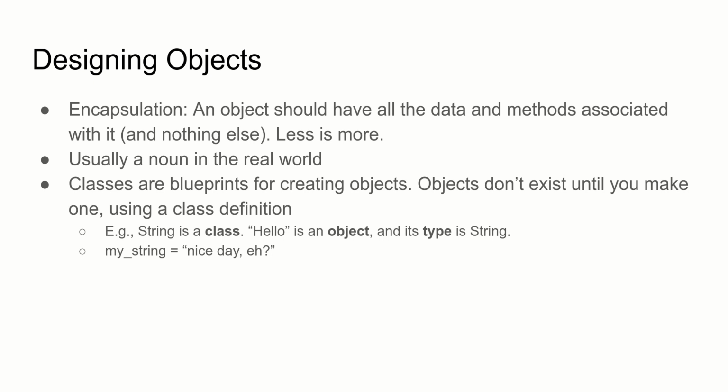Strings are a little bit of a funny object because we don't typically call a constructor to make a string. We just write in quotes and get a string object. Similar for lists, we can actually call a list constructor and create an empty list that way, but we usually don't. We usually define it in brackets.